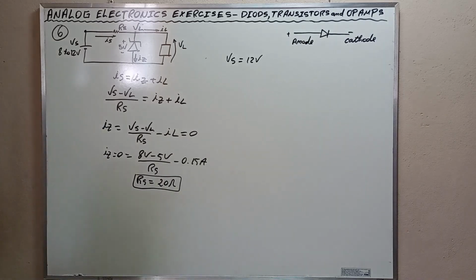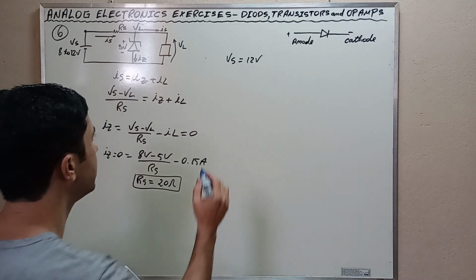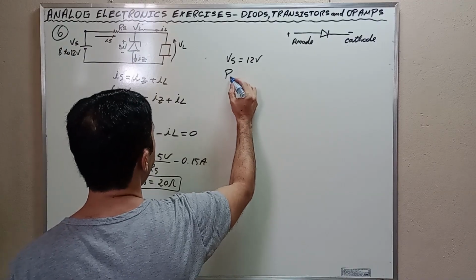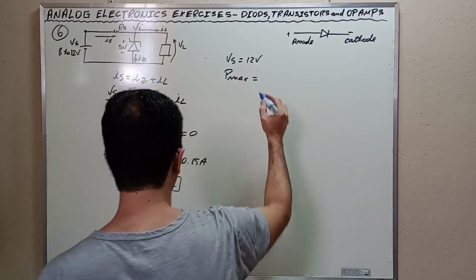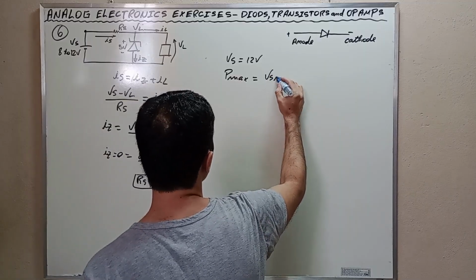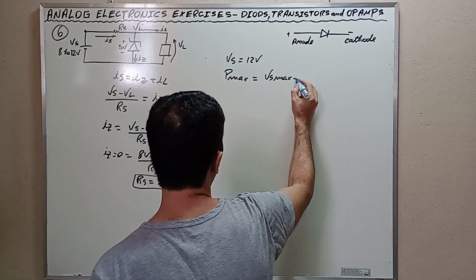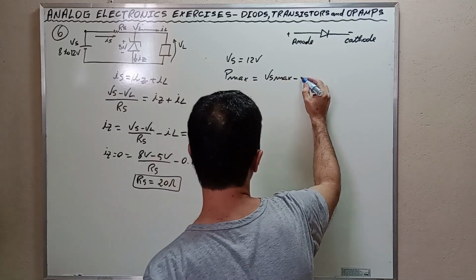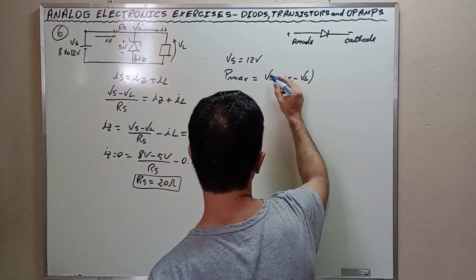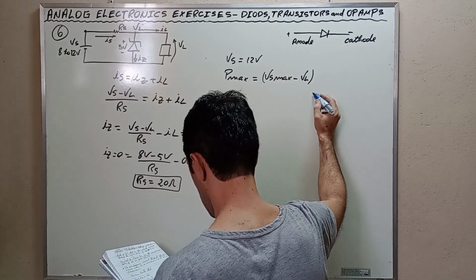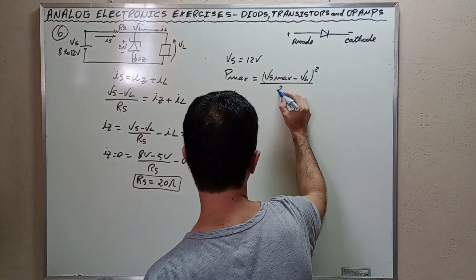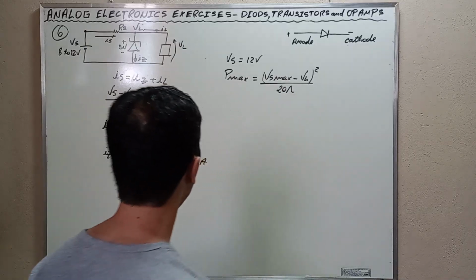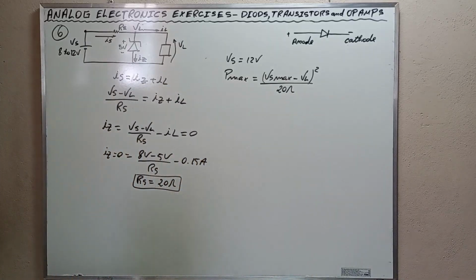So the maximum power dissipated, P max, is equal to Vs max minus VL, squared, divided by 20 ohms.